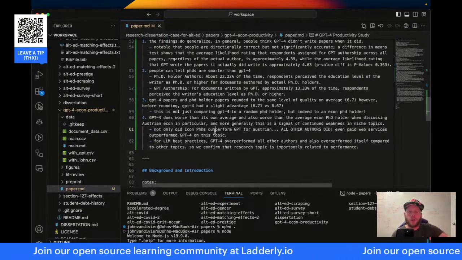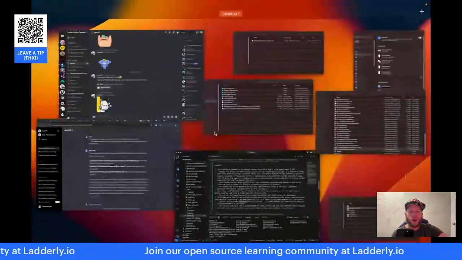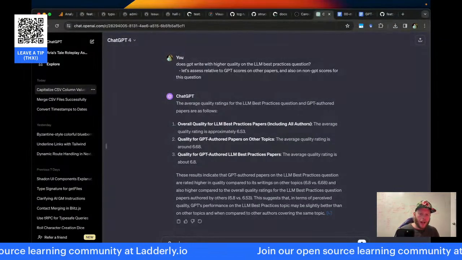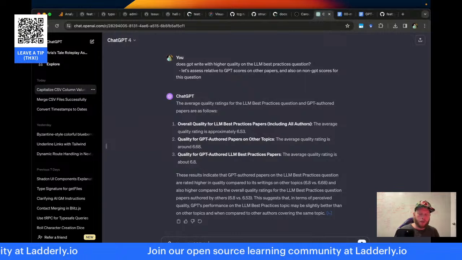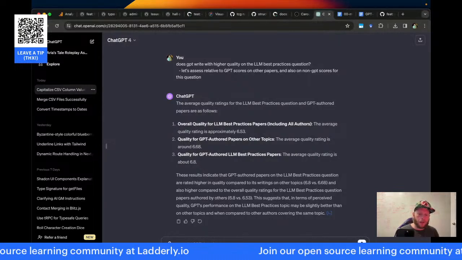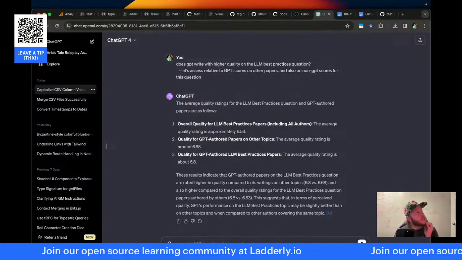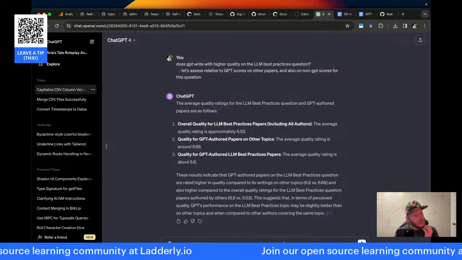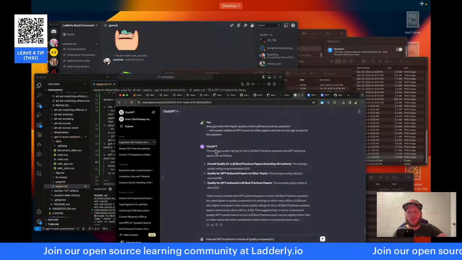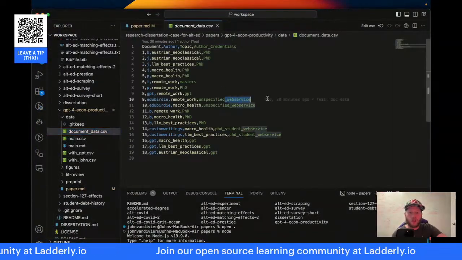Okay, and let's confirm this one, and then we're going to wrap up for now. How did GPT-4 perform in terms of quality compared to, what are they called, web service authors?